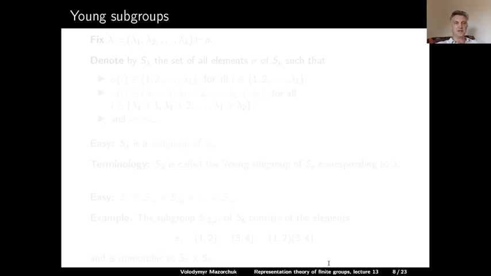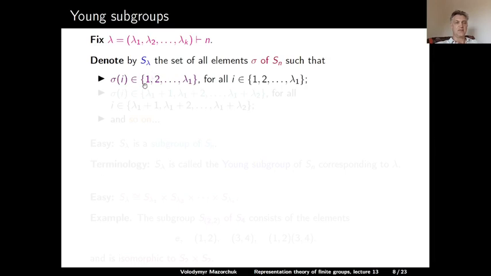The next gadget which we need is the notion of a Young subgroup of Sn. Let us fix a partition lambda of n. Denote by S lambda the set of all elements sigma in Sn such that sigma permutes the elements between 1 and lambda 1.